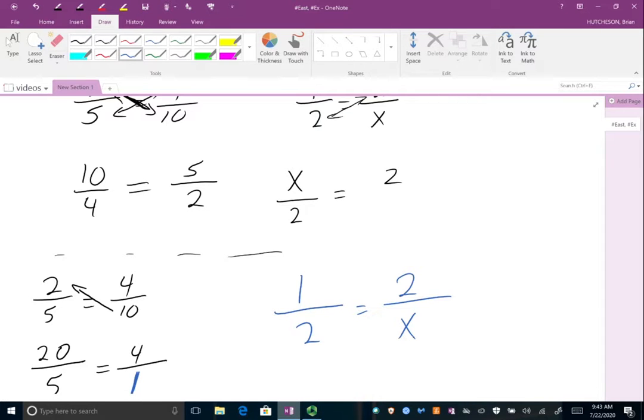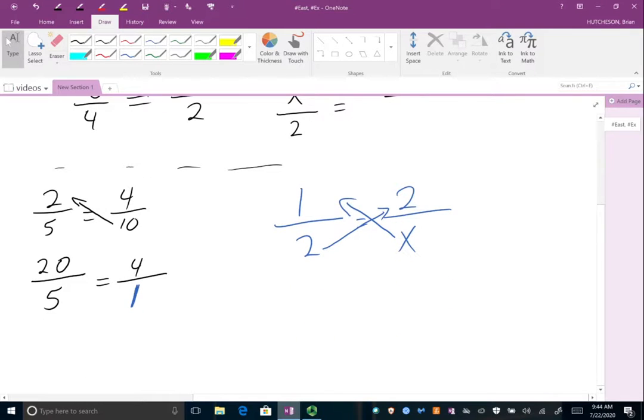If I can push one side up, I should be able to push the other one up. So this guy goes over here, and I can just push that guy over there. X times 1 is X. 2 times 2 is 4. So that's all I did, is I just went in one direction to go up.